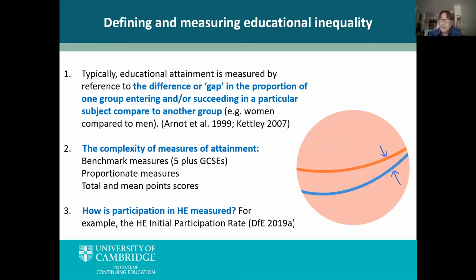And just out of interest, in 2015, the Higher Education Initial Participation Rate stood at 49%, meaning nearly half of people will go on to higher education. But when I went to university in the early 1980s, it was about 10%. So we've seen a substantial growth in participation.